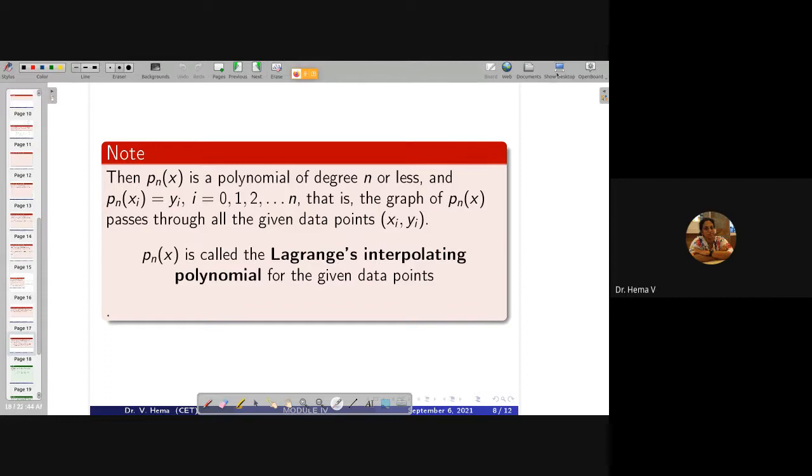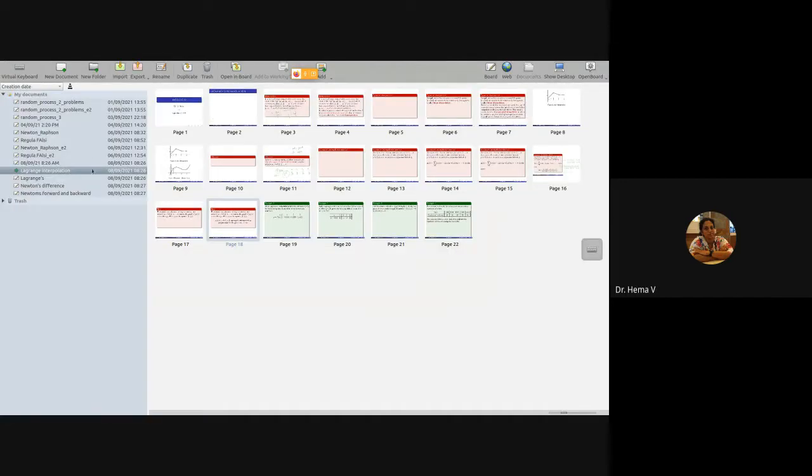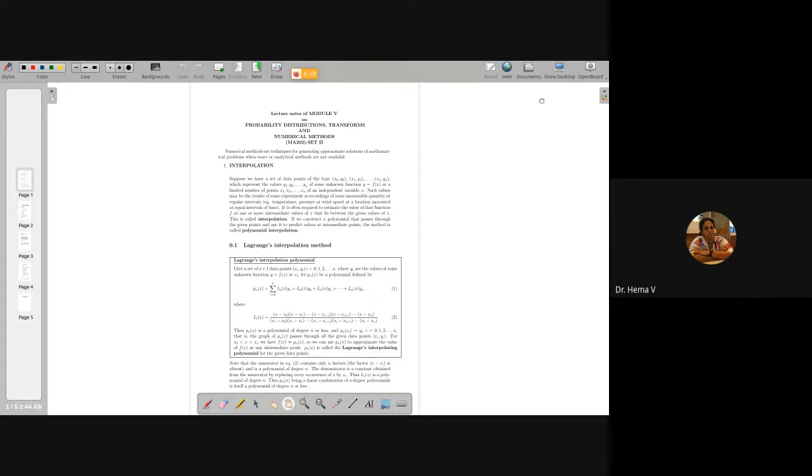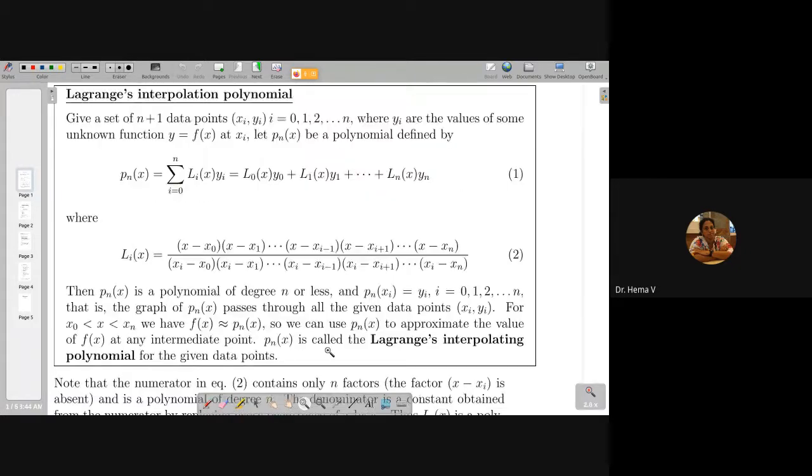So I will quickly go through the problems. I have shared these notes with you. Look at this: for Li, x minus x0, x minus x1, etc. In between we have skipped the term containing i in the numerator; x minus xi is not coming in the numerator.